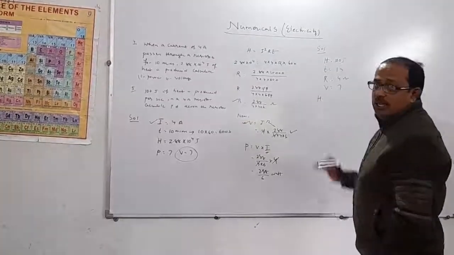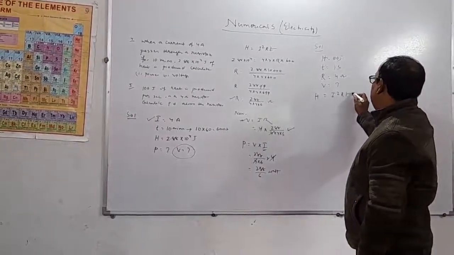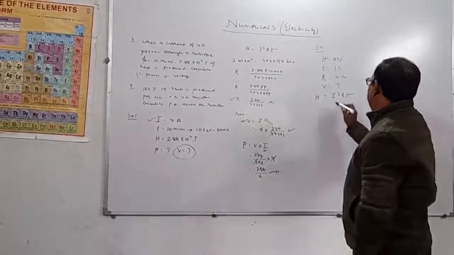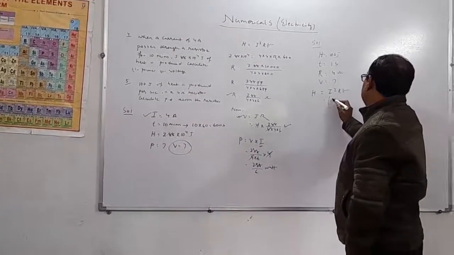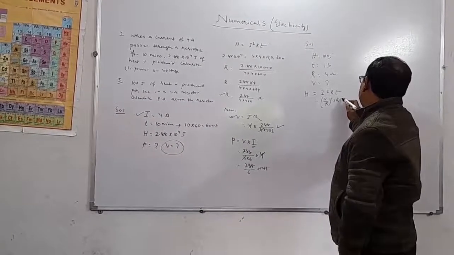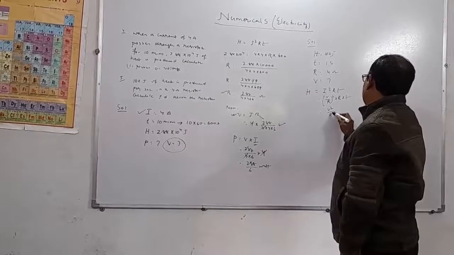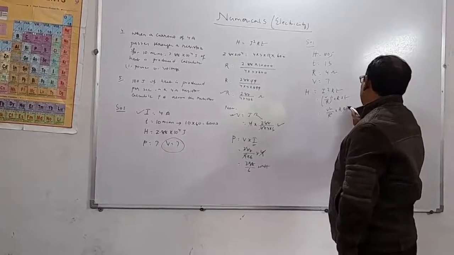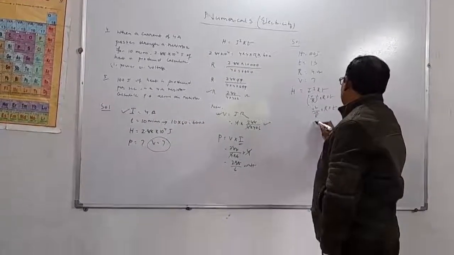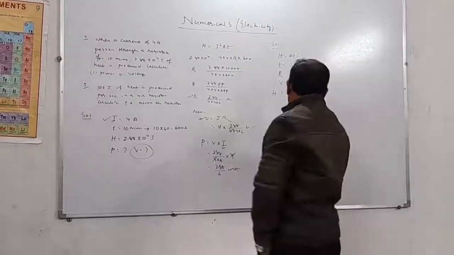Again we use the formula H is equal to I square RT, and I can be written as V by R whole square into RT. So it is V square by R square into R into T. One R is cancelled out. So V square T by R, that is H.